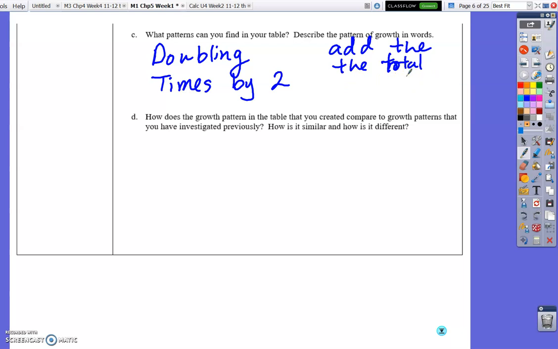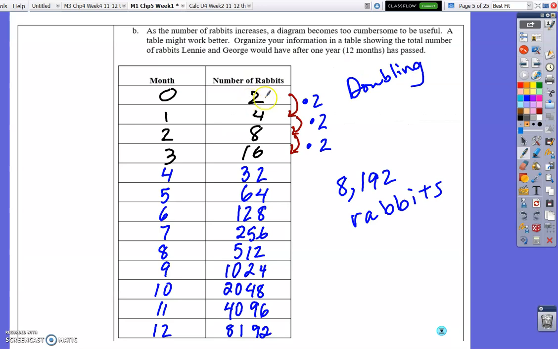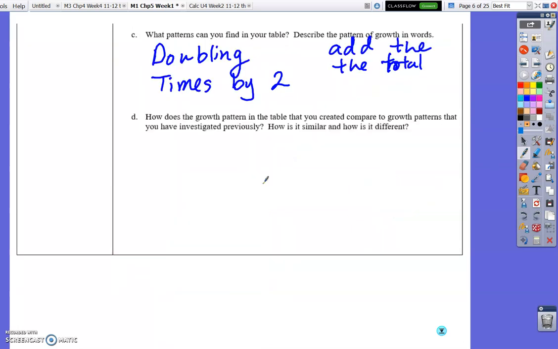So by adding the total, I mean what we were seeing here when I had adding, that I add 2, then I add 4, then I add 8, then I add 16, then I add 32, then I add 64, and so on, which is really just doubling. I want to see if that made sense.